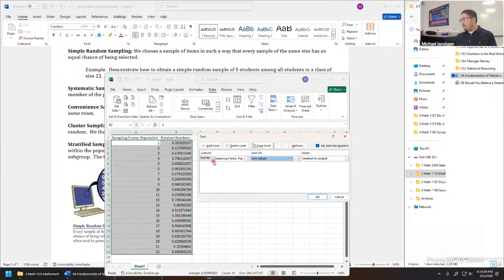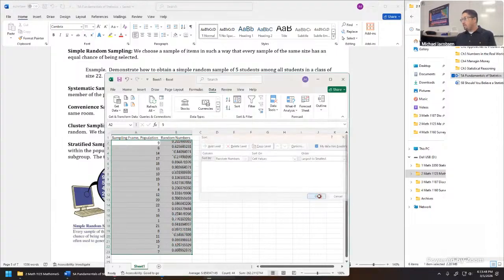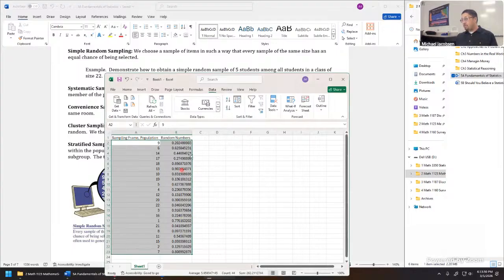I want to sort by the random numbers. I think I'm getting mixed up on what I'm putting in here. Sort the cell values from, I'll go largest to smallest. Sorry, you should have picked this column right here to start it out. So here is the randomization. We'll hit OK. And now it's re-randomized them again.